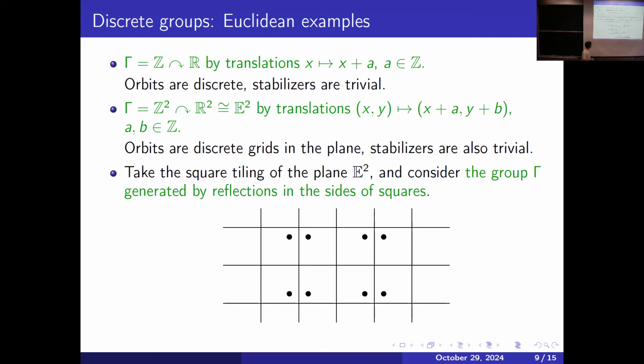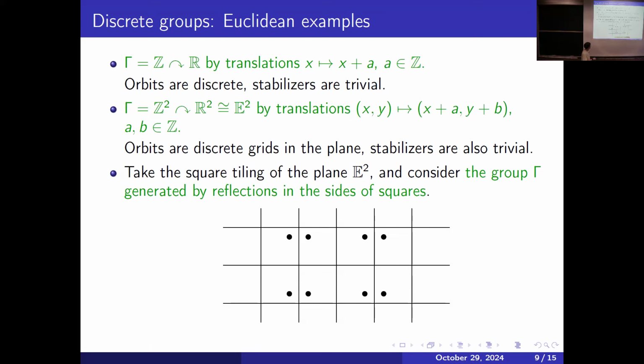But in this case, we already have non-trivial stabilizers, since reflections themselves fix all these lines pointwise. So all these lines, vertical and horizontal, are fixed. For example, the stabilizer of this point in our group is just Z mod 2Z, since it's fixed by precisely one element of order 2, the reflection.